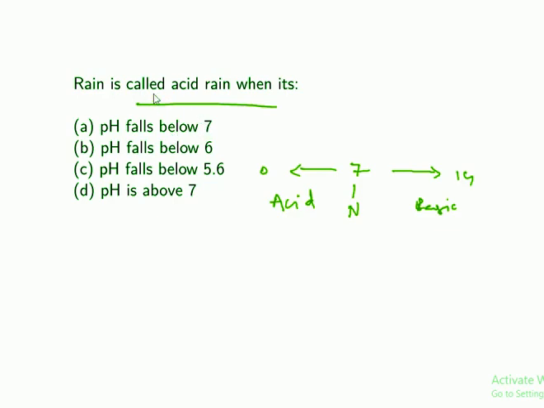Acid rain is nothing but when the acidic content will be more in the rain, that means sulfuric acid is going to mix with the rain, right? That kind of rain we are going to call acid rain. You all know this, right? So pH falls below 7. That means below 7 is nothing but 6, 5, 4, 3, 2, 1, 0. Okay. pH falls below 6.